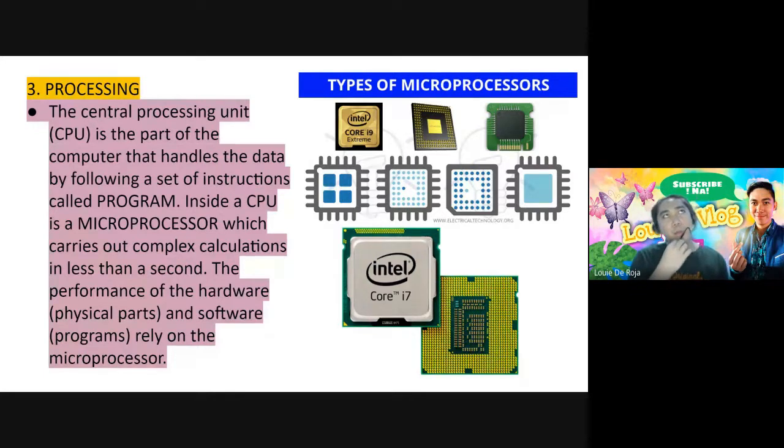Or kung ang purpose nyo naman is for editing, pwede nyo gamitin yung Core i5 tsaka Core i7. Or sa games, kung ang purpose nyo naman ay maglaro ng games, so yung mga Core i9 or Core i7. So, depende sa gamit natin. So, ito yung nagpa-process ng ating, or nag-handle ng ating data.